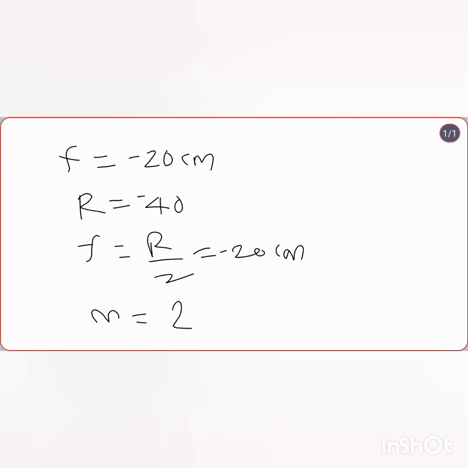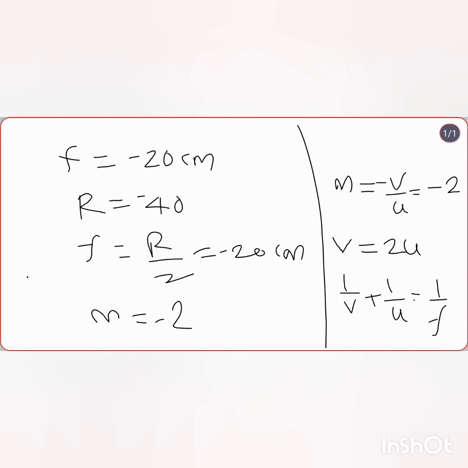Magnification is equal to 2, that is the size of the image is twice that of the object. So m is equal to 2, but the image is real so the magnification is negative. So m is equal to minus 2. That is m is equal to minus v by u is equal to minus 2. So v is equal to 2u.